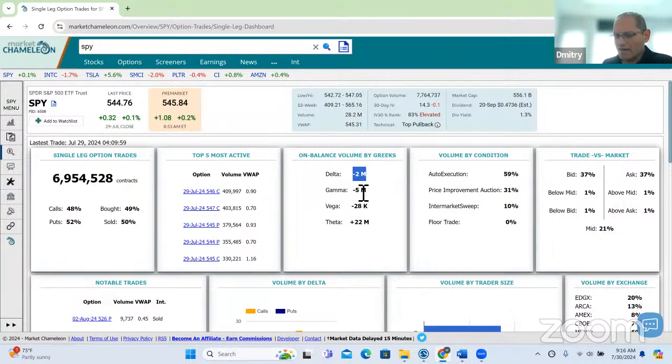Now we could also have volume converted to gamma. So what the gamma does is it says, well, how sensitive are these options, or how sensitive is the delta change of these options?